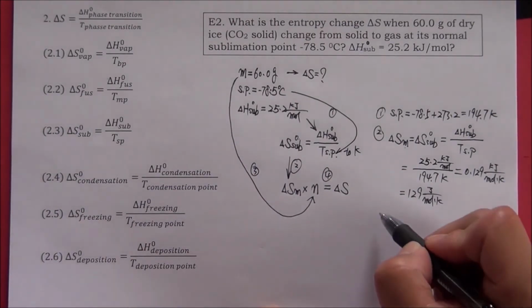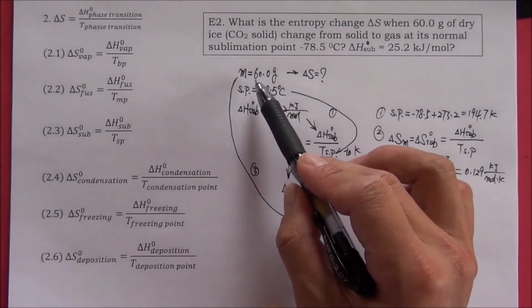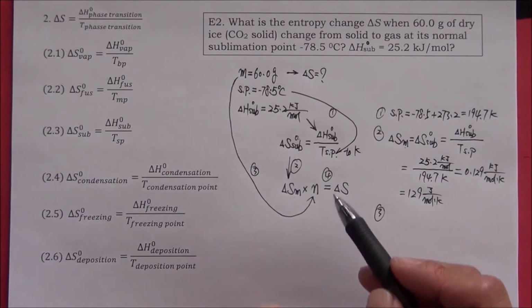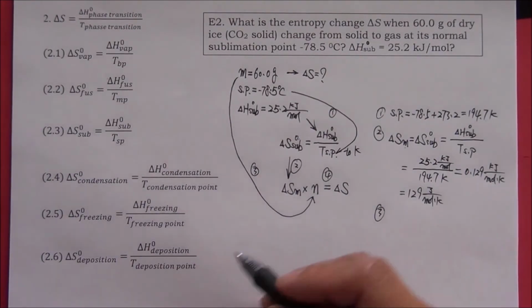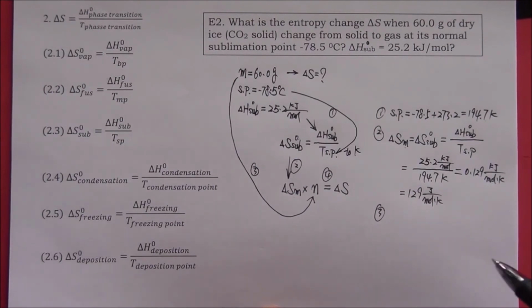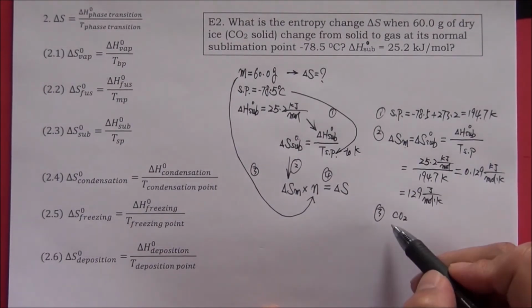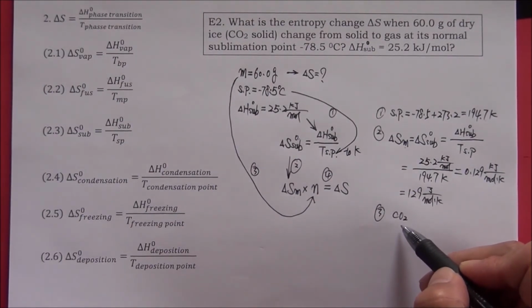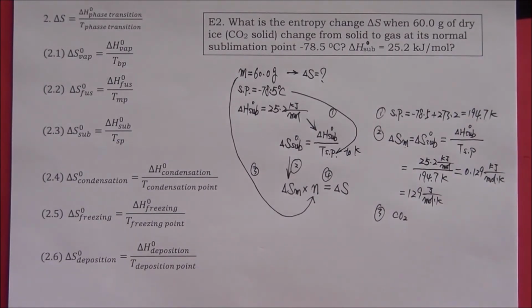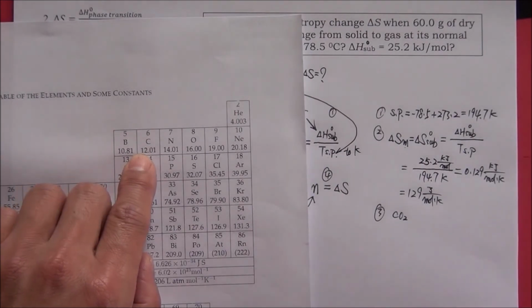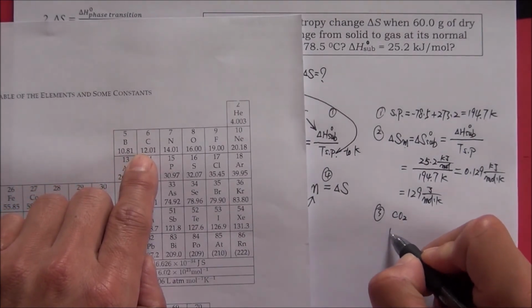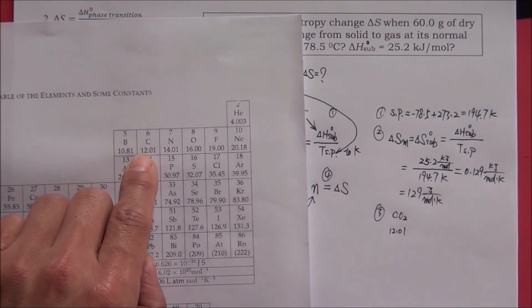Step 3. We need to convert the mass of carbon dioxide to the moles. We need to calculate the molar mass of carbon dioxide. This is the molecular formula of carbon dioxide. If you look up a periodic table, carbon is here. The atomic mass of carbon is 12.01.